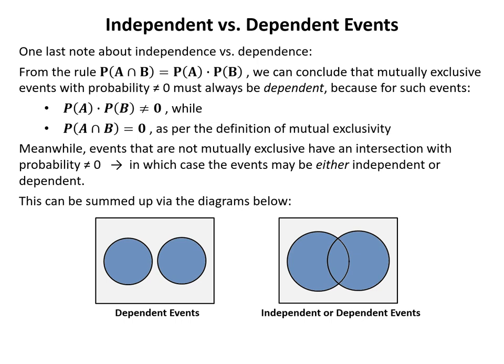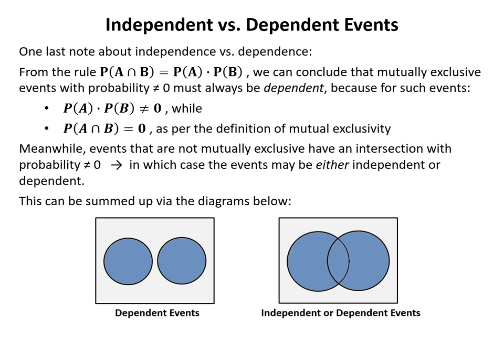Meanwhile, as per the definition of mutual exclusivity, if two events A and B are mutually exclusive, then the probability of their intersection will equal 0, because there is no intersection between mutually exclusive events. On the other hand, events that are not mutually exclusive have an intersection with the probability not equal to 0. And in the case of non-mutually exclusive events, the events may be either independent or dependent.